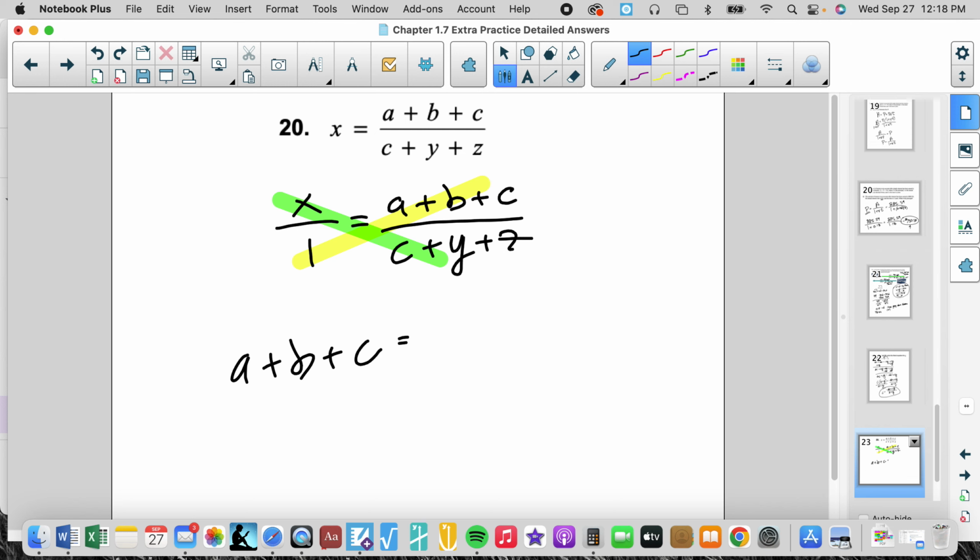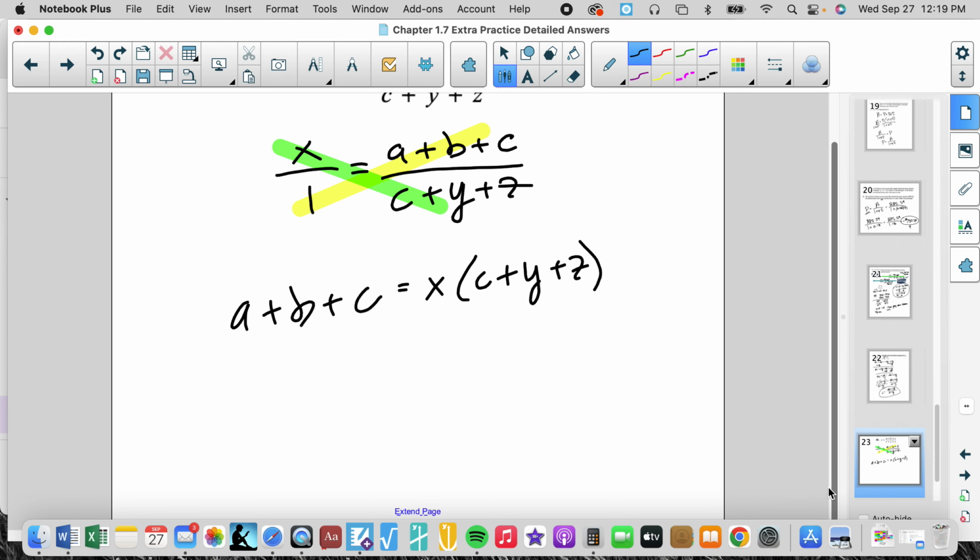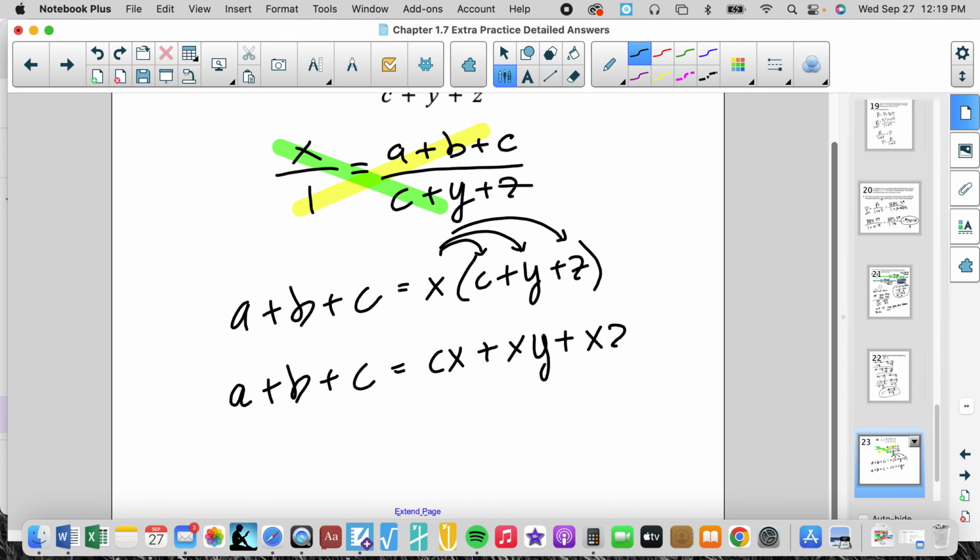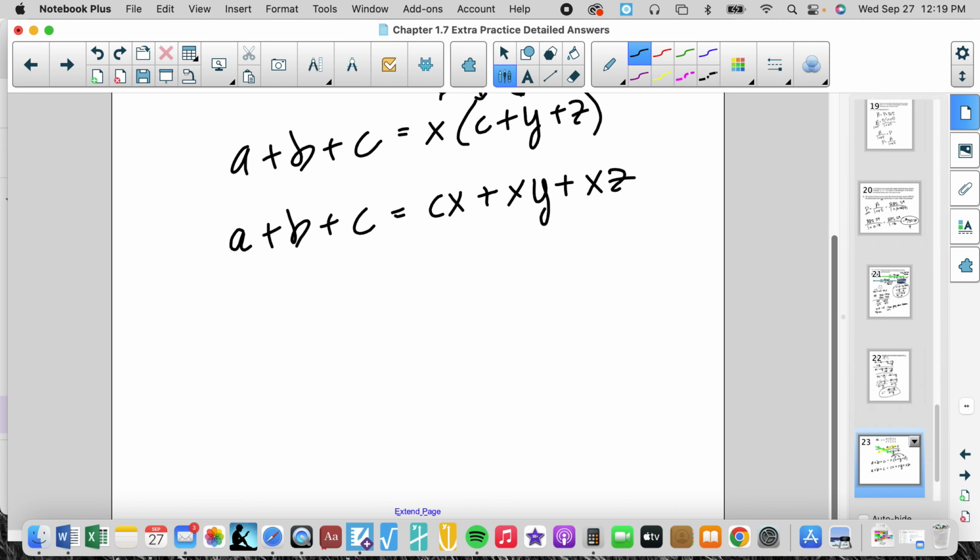If I multiply x times c plus y plus z, I can simplify that by distributing. So I get a plus b plus c equals cx plus xy plus xz. Whenever I write a term with 2 variables, it's going to be in alphabetical order.